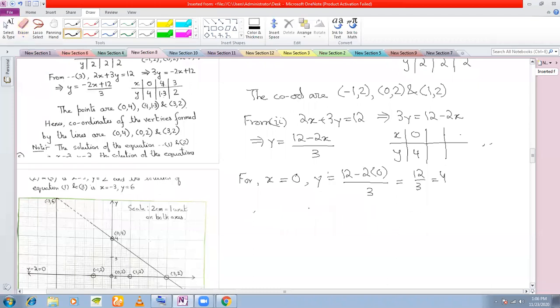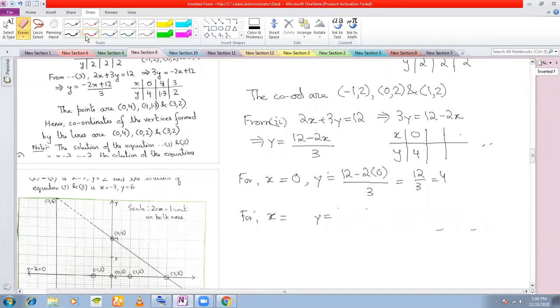You can try 2, you can try -2 also. Let's try -2 first. Again, fractional, we are getting 16/3. So no point.